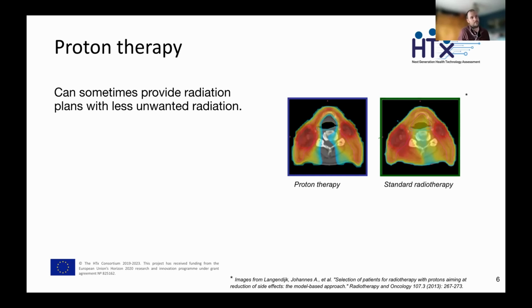With more standard radiotherapy, you see that the areas surrounding the tumor that are involved in swallowing, for example, or saliva production, are also receiving radiation dose. So you could expect, in theory, more complications from standard radiotherapy. Okay, all clear, thanks.